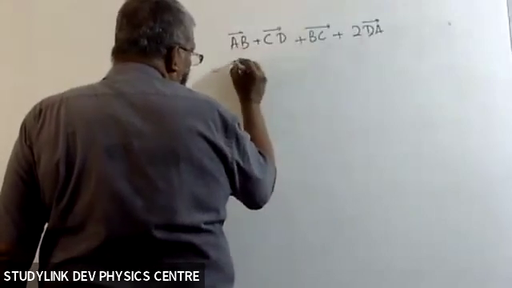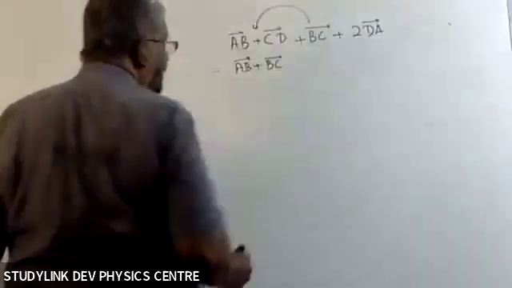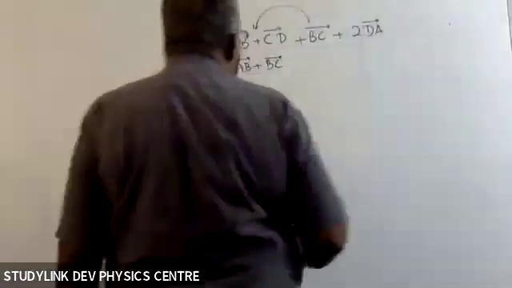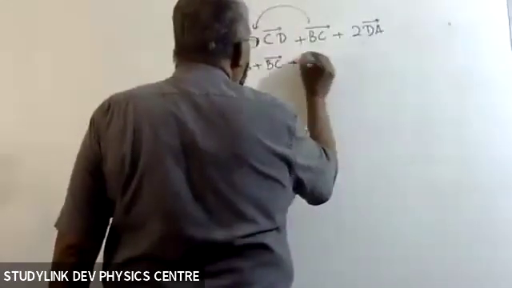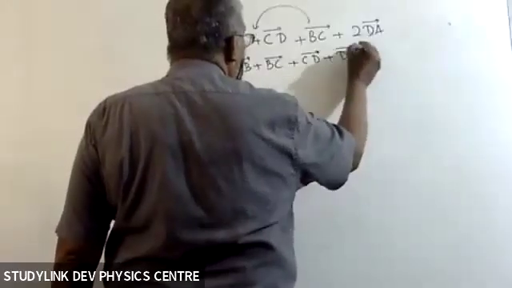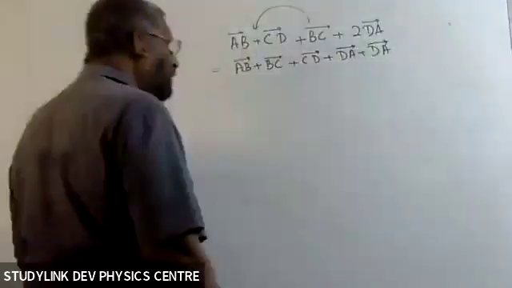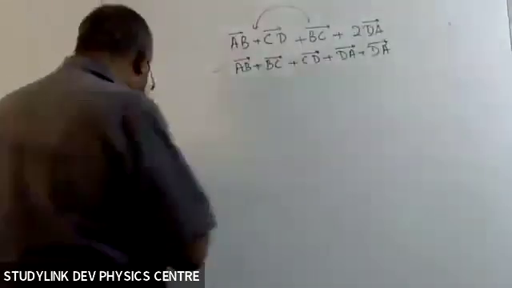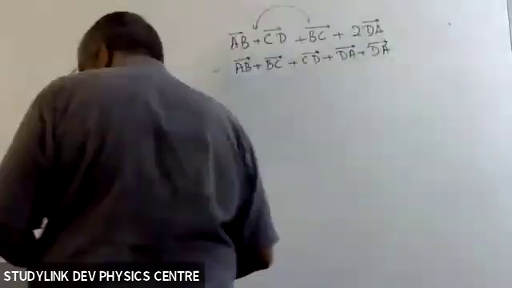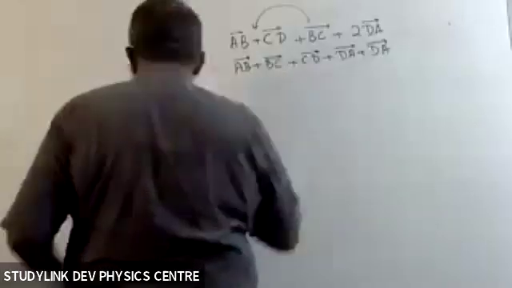Then AB plus BC. This is taken here. Then plus CD plus 2DA, I am writing as DA plus DA. Now here you can add these two together easily.